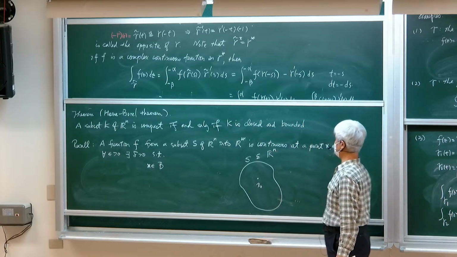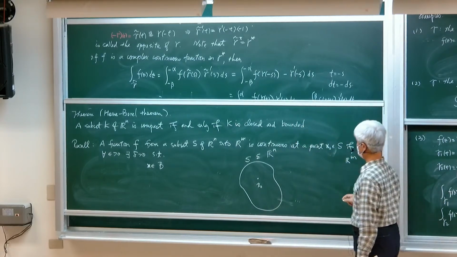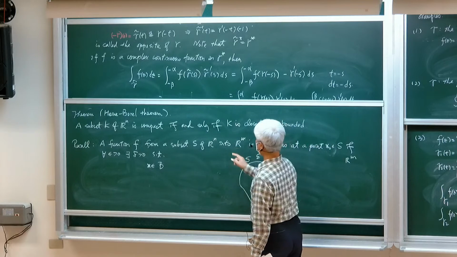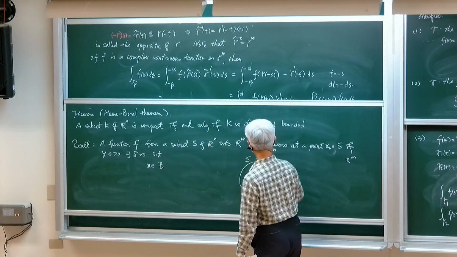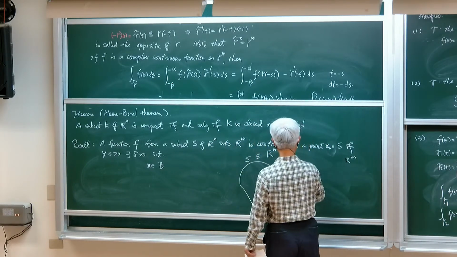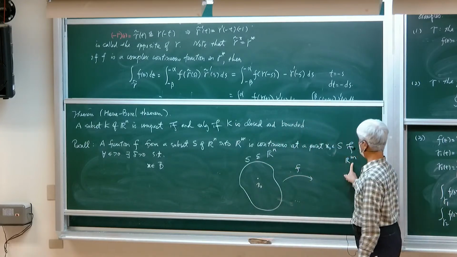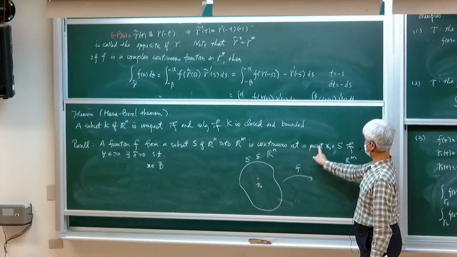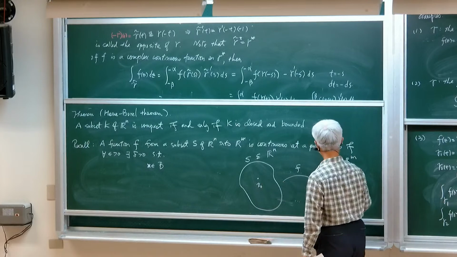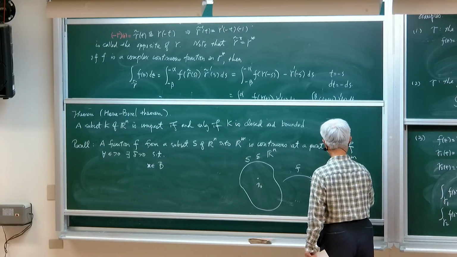So n and m may be different. We say that this function f is continuous at the point x0 if we find the image here.